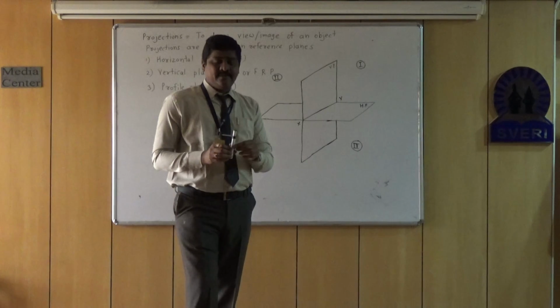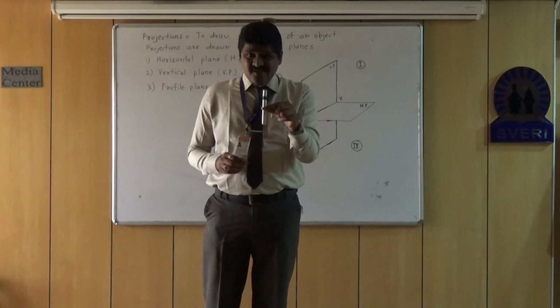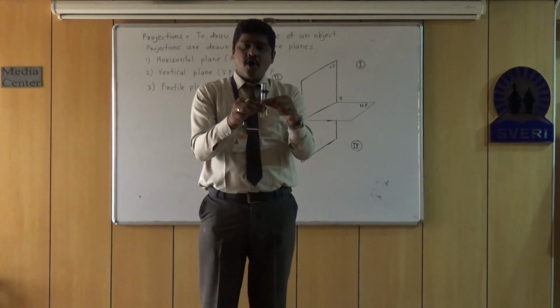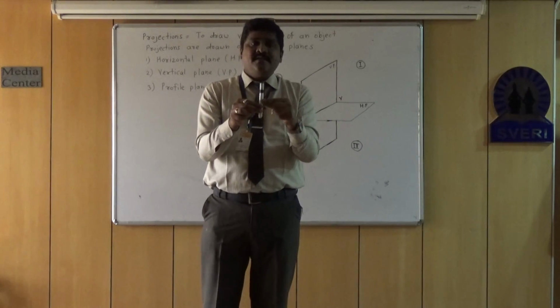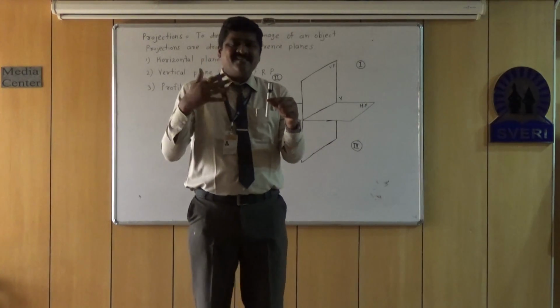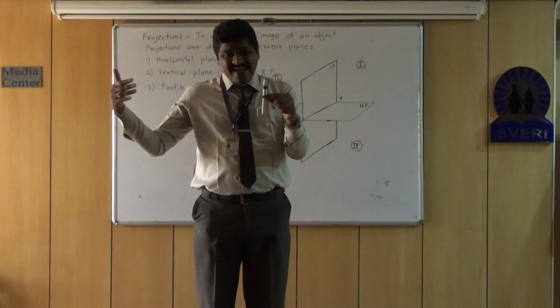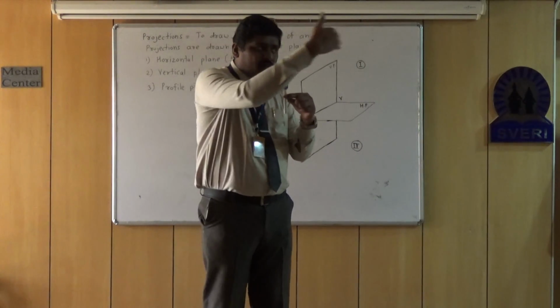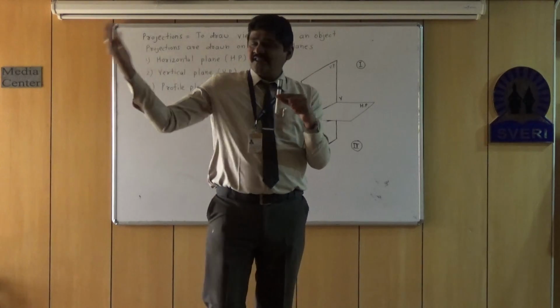So in that way, if we look at this object maybe from left hand side or right hand side, then we can obtain the image of the object in the same fashion. Means the rays of light are incident on the object, and we will obtain the image maybe on this particular wall or the other wall.